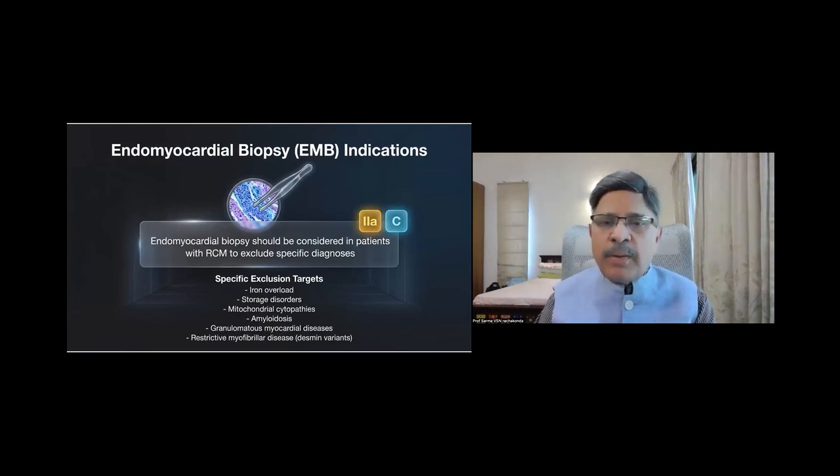It is essential in cases of restrictive cardiomyopathy, RCM, and it is very important to exclude specific diagnoses, particularly hemochromatosis, iron overload, storage disorders, myocardial cytopathies, amyloidosis, granulomatous myocardial disease, restrictive myofibrillar disease, also called the Desmin variant.